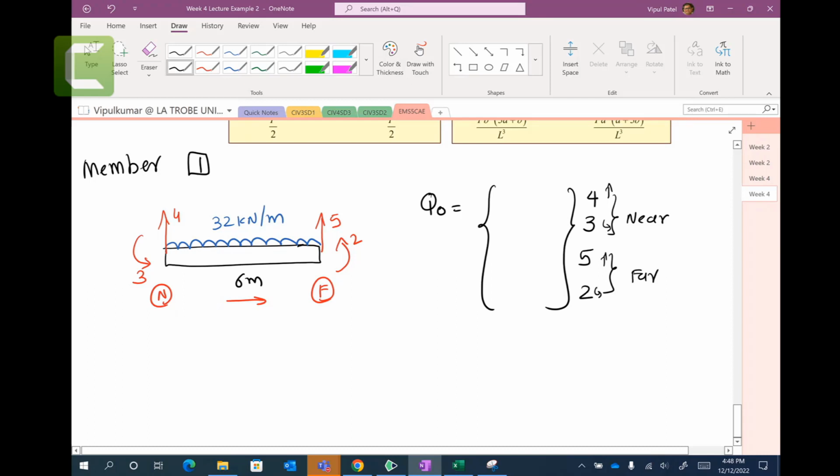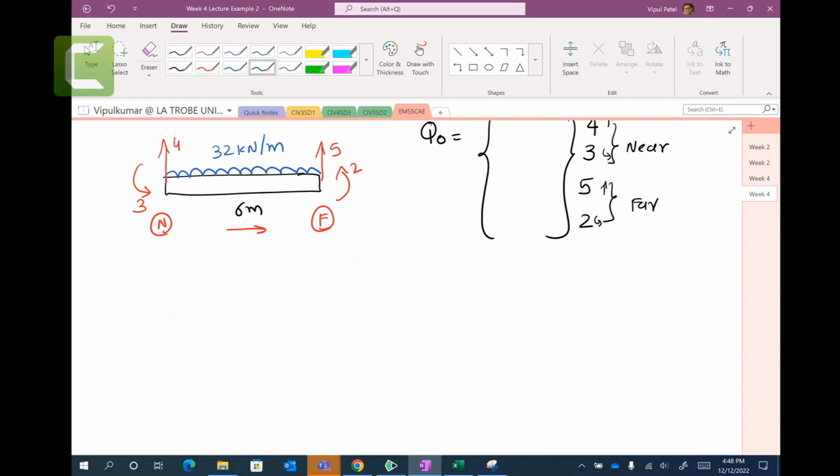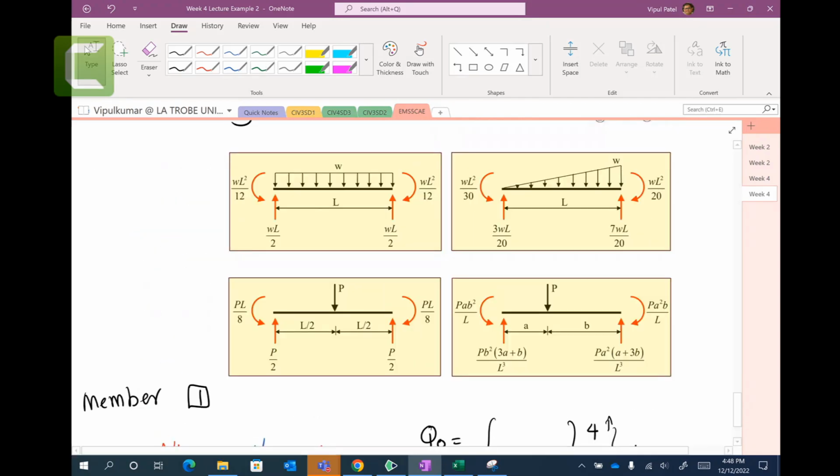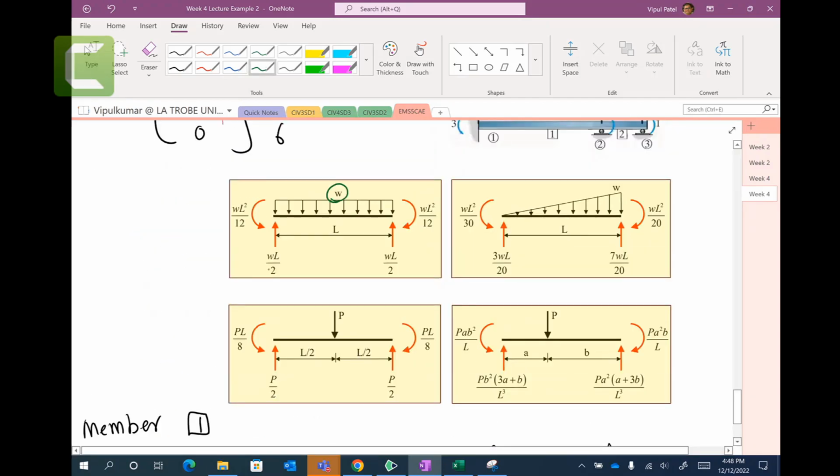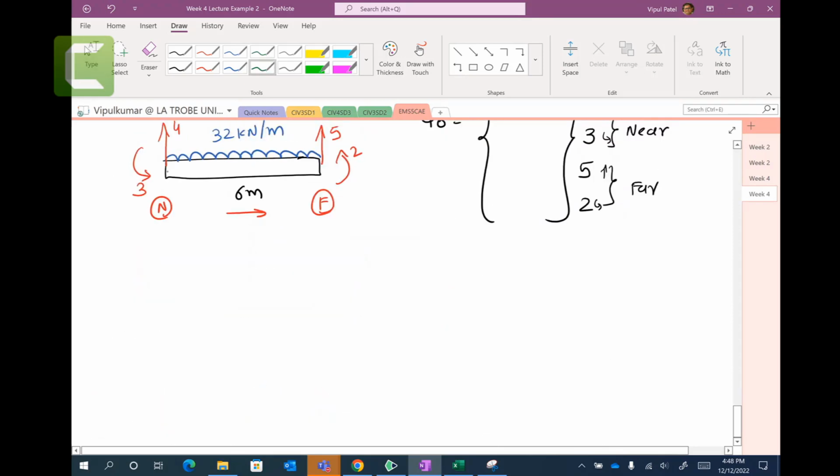Now Q0s. So we need to calculate this green color one. You come back here, and in these figures you have W. So you can do WL on 2. If I want to calculate this one here, WL on 2, W would be 32 kilonewton per meter, length is 6 meters over 2. This is cancelled. So 96 kilonewtons.